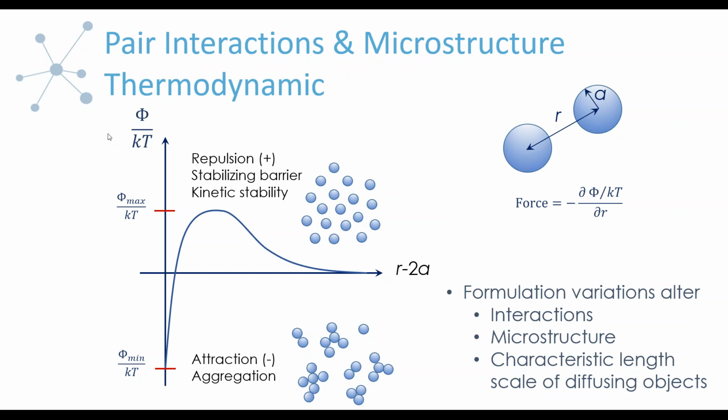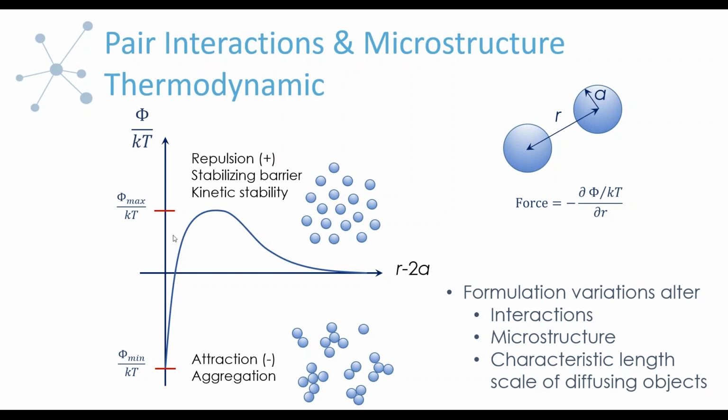It's typical to use the interaction potential because of many theoretical considerations. But if something such as interparticle force is more clear, then force is just equal to minus the derivative of the potential.